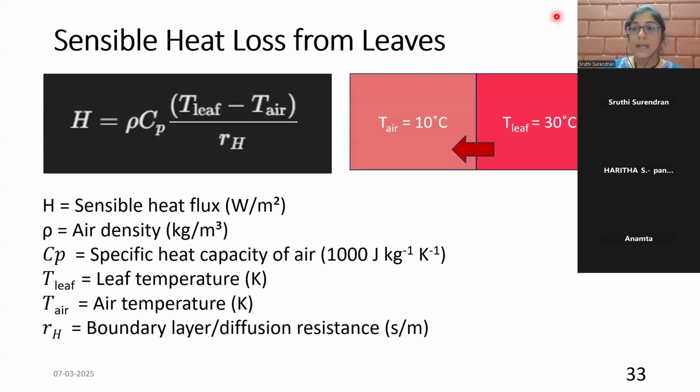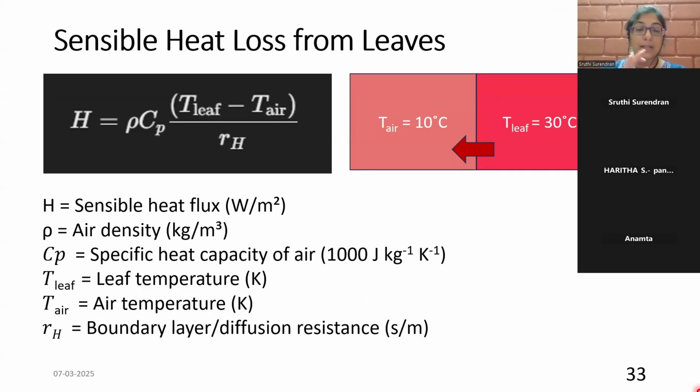So now we see that sensible heat loss from leaves is nothing but a heat loss that is resulting in the temperature difference of the leaf. So if a leaf is getting heated more and it is resulting in increasing the temperature of the leaf, then it is sensible heat. Again, if some heat is being removed from the leaf, that is also sensible heat, which is resulting in a change in temperature.